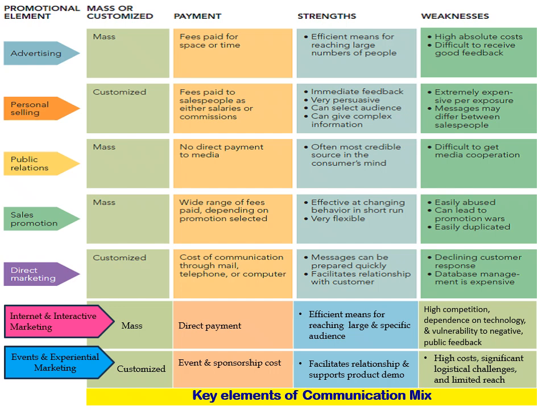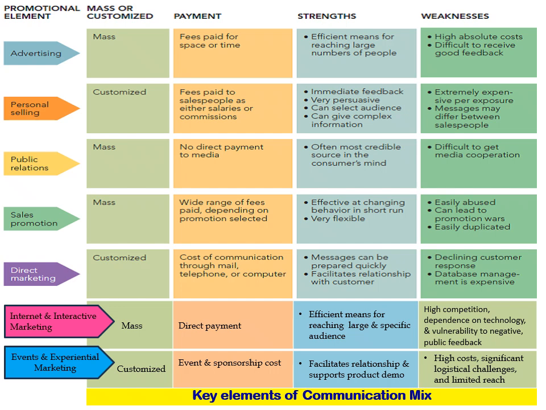There could be 5 different types of promotional methods or strategies. The cost of communication through mail, telephone, or computer is applicable in direct marketing. In interactive and internet marketing, there is a direct payment spent to utilize different channels and meet the cost of using the internet also. In event and experiential marketing, the cost is related to the conduct of the event and sponsorship also. So these are the costs, payments or budgets involved in various elements.